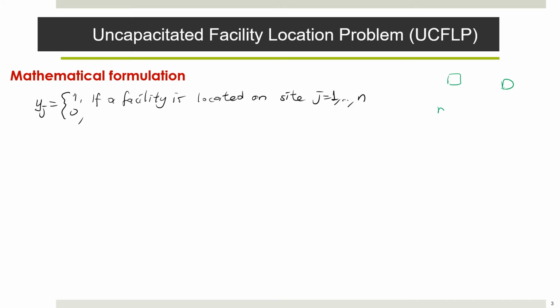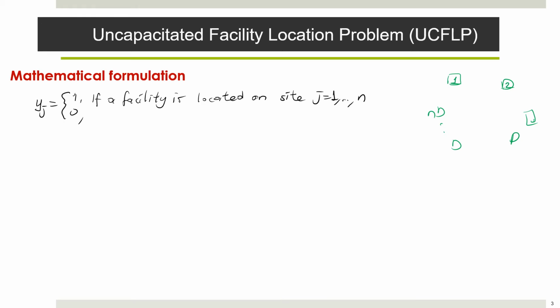These are alternative locations. They are numbered: this is the first alternative, second, up to, let's say, n such facilities. And this yj takes the value of 0 or 1 with respect to where we locate these facilities. But of course, this is not the only decision.